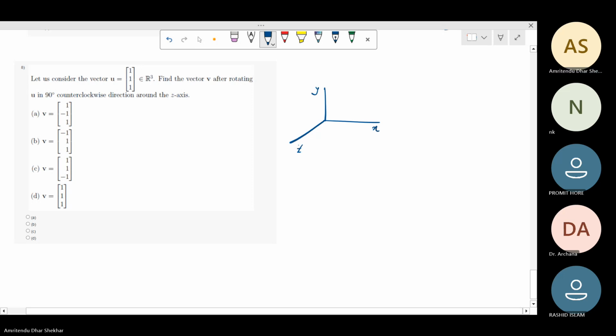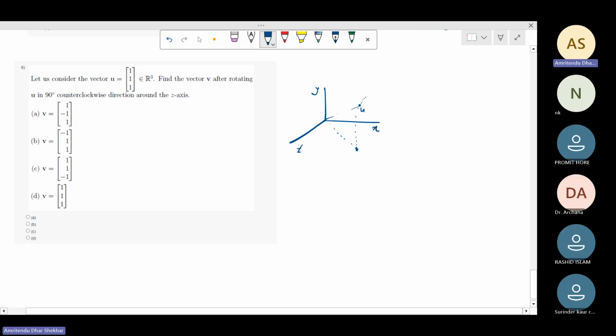There is a vector u over here, and u has a projection onto the xy plane. So this becomes 1 1 0.